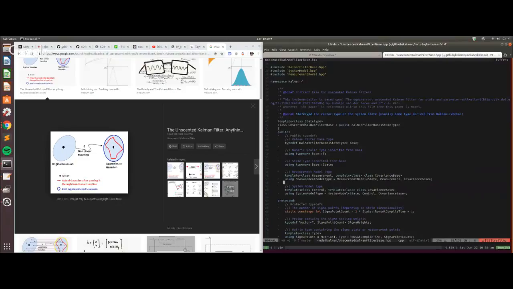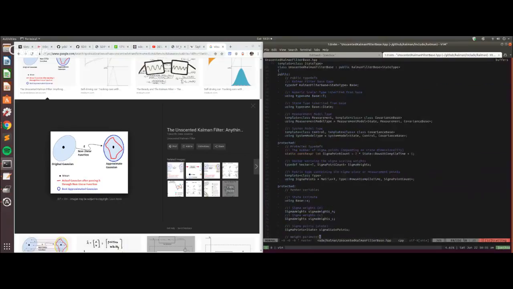But like I was saying before, we're going to template our system model type based on the state, the control, and the covariance that we've chosen. And these are all public, so we want to be able to use these things in inherited classes, so they have total visibility to these. But then some things we want to be protected.